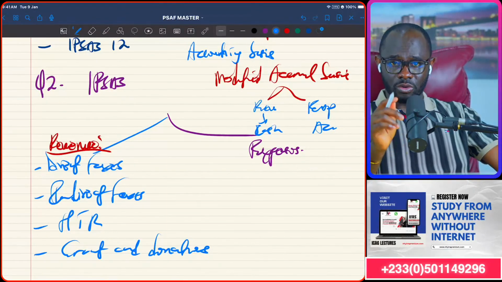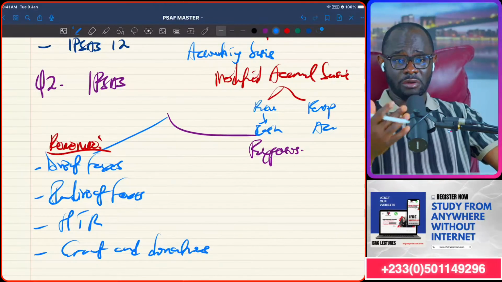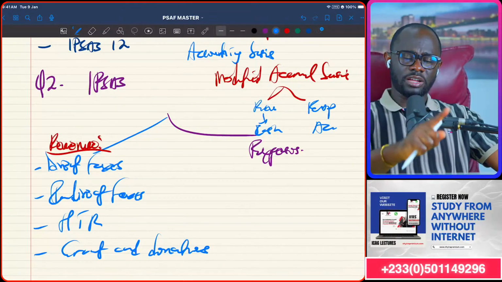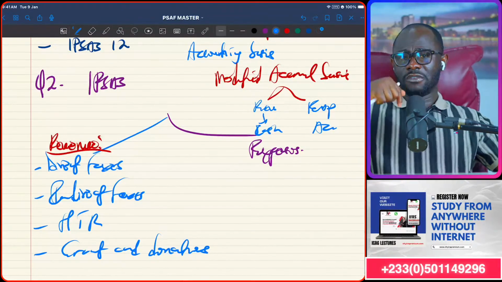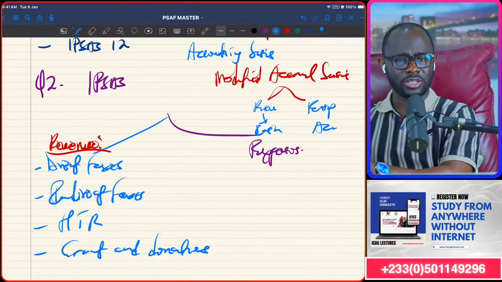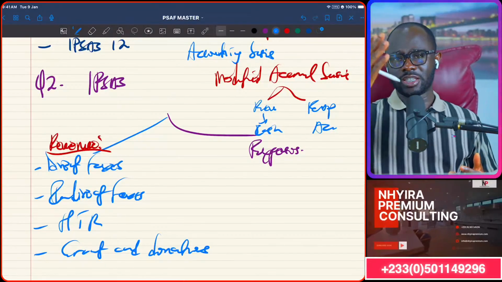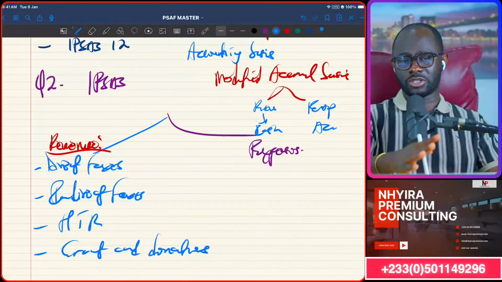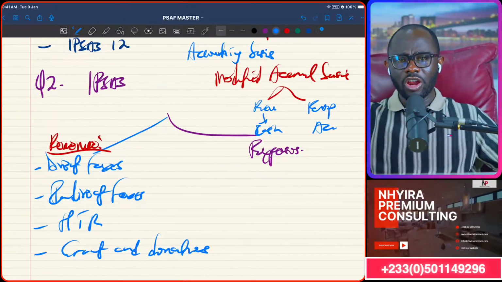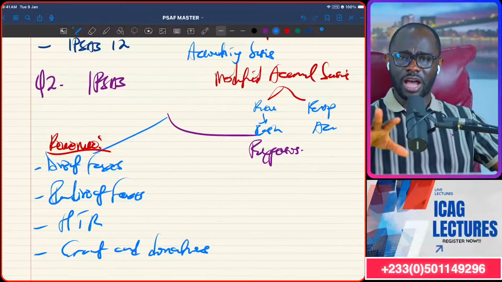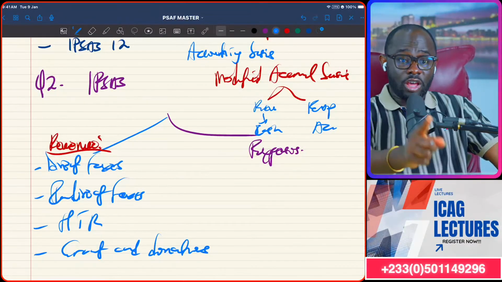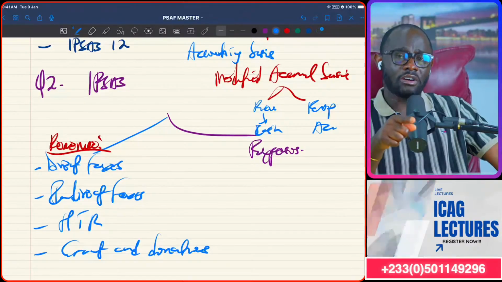That's modified accrual basis. So for instance, if you take the 2024 financial statement of the Republic of Ghana, the Controller Accountant General claimed that it was prepared using the accrual basis of accounting, meaning that revenue and expenditures are recognized whether we've received or not. But the Auditor General's report indicated that there were a lot of revenue items especially that were not recognized.